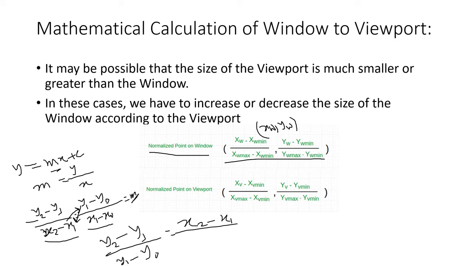So if you replace these with w min and w max, you are going to get these values. That is how you obtain these points. And similarly for the viewport, it is going to be xv minus xv min divided by xv max minus xv min. That is how it is going to work.